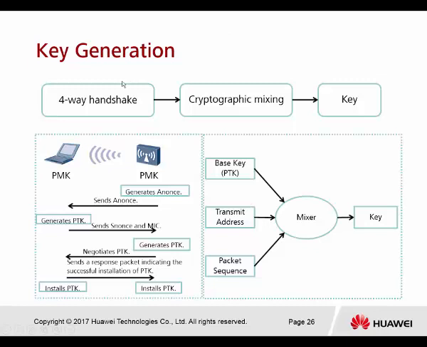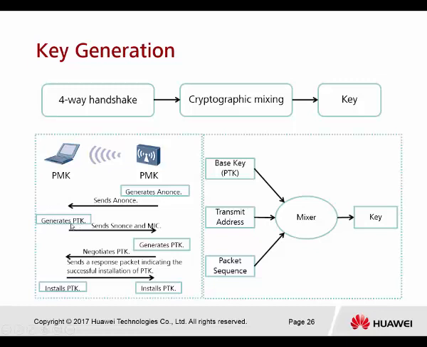For the key generation, first they do the four-way handshake. This is the process of the four-way handshake. First, the AP sends the ANonce to our STA. Then the STA generates the PTK.